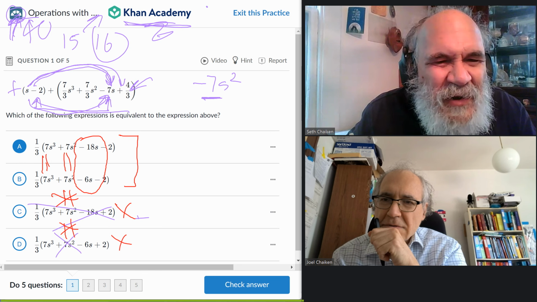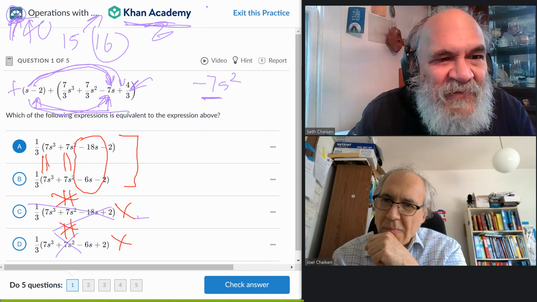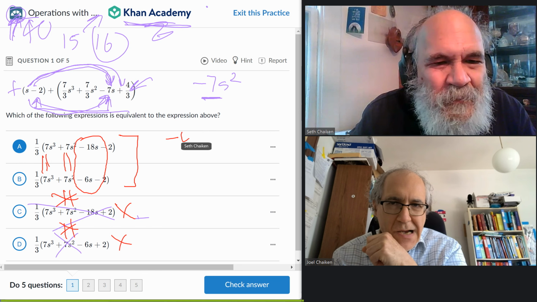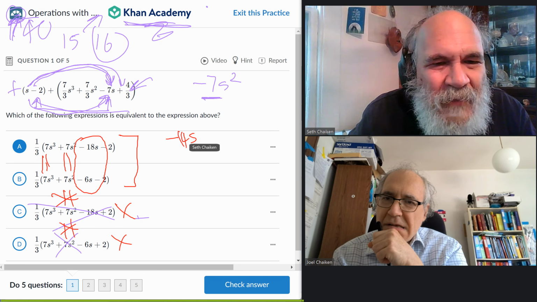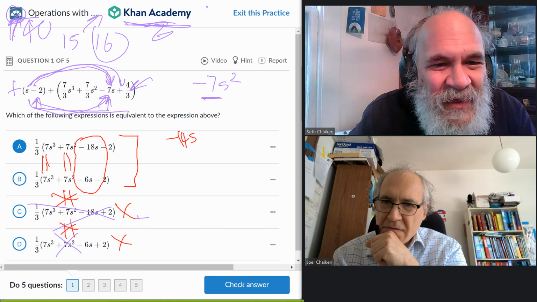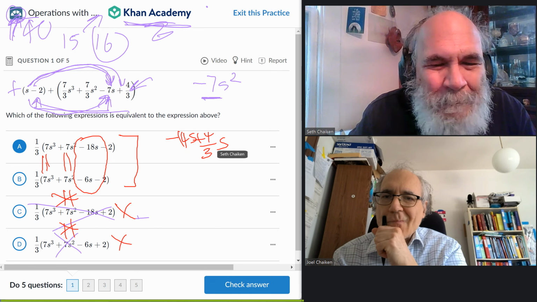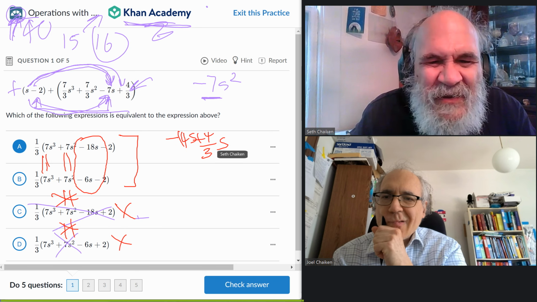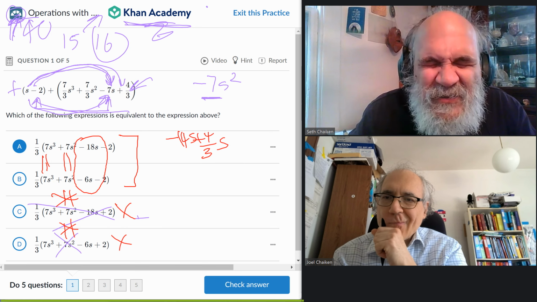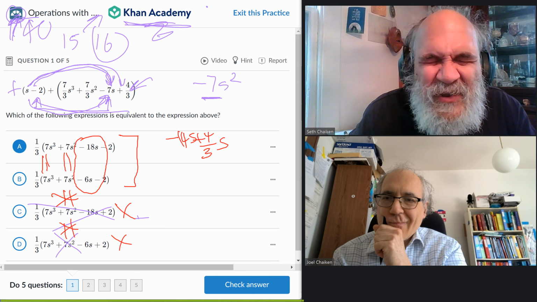The linear term is minus 7s times minus 2, which gives you minus 14s. But there's another linear term: s times 4/3. We have a 14 plus a 4/3, and that's negative because 14 is very big.